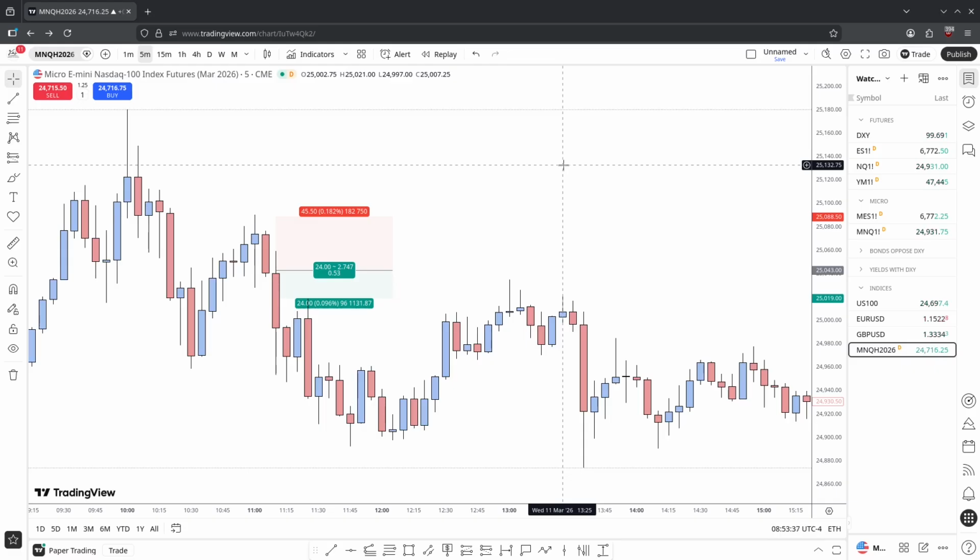When do I go to the lower time frame? When should I not take a position? When is it not ideal for me to take a position? When do we have good conditions? What time should I be taking a trade? What time should I not be taking a trade?